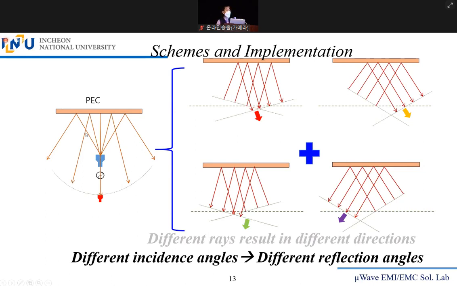I can break this problem into these 4 pictures. You can see the final direction of the cluster of the same directed rays. Red arrow, orange arrow, green arrow, and purple arrow.